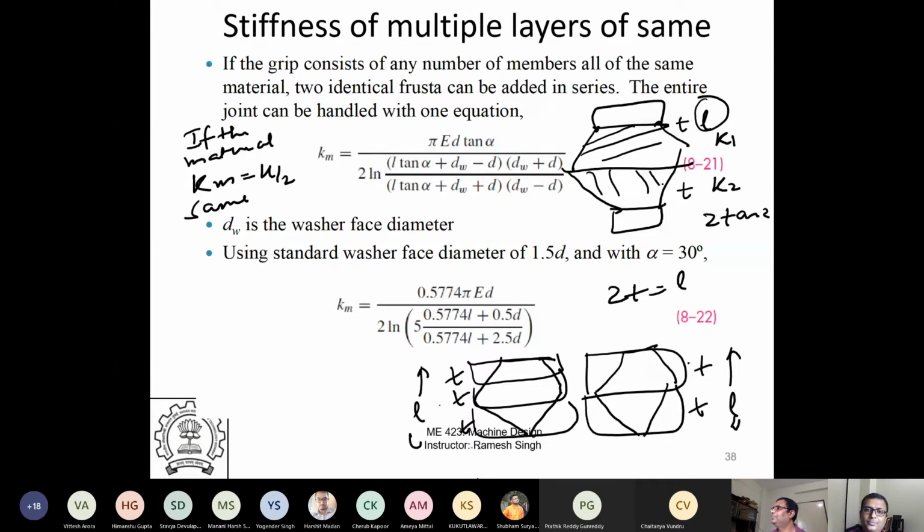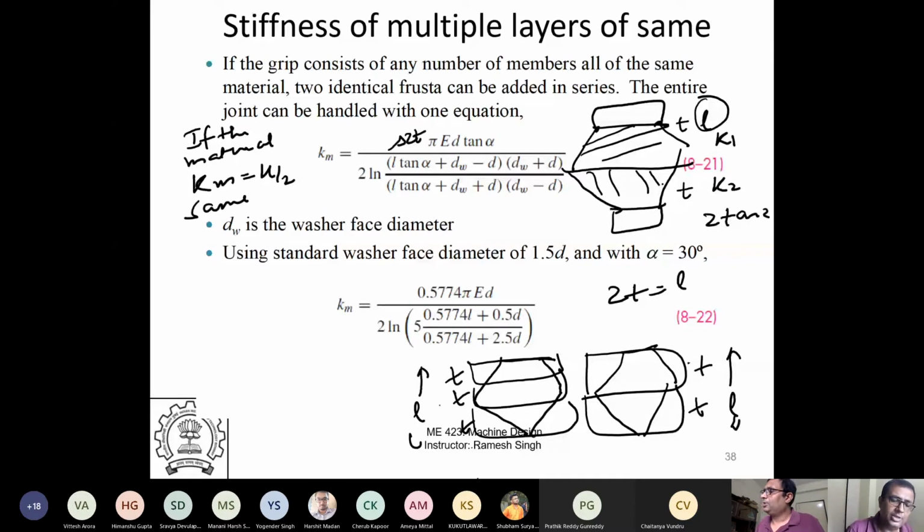Yes or no? So I'm saying that if the grip consists of any number of members of the same material, all you do is use the same formulation which you use for two materials. Basically here it is 2t tan alpha, which we derived. Just replace 2t with L.